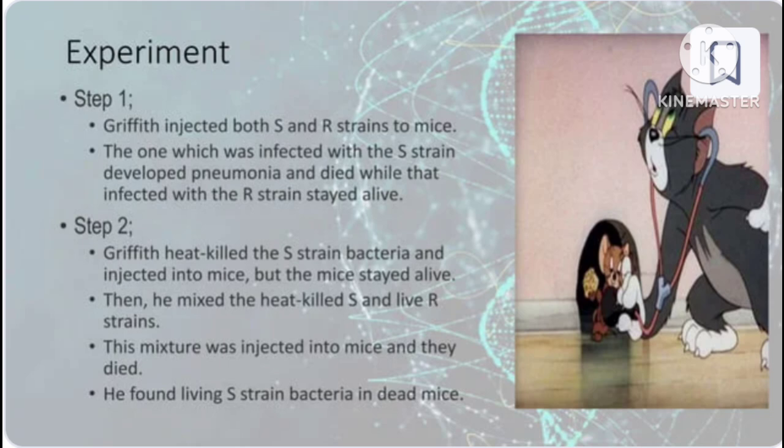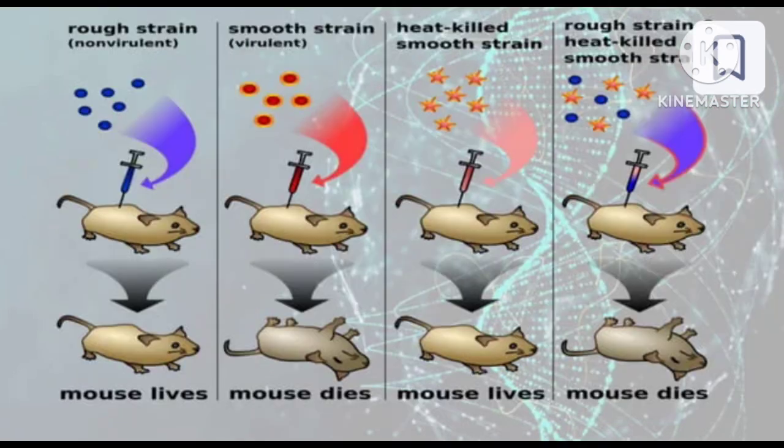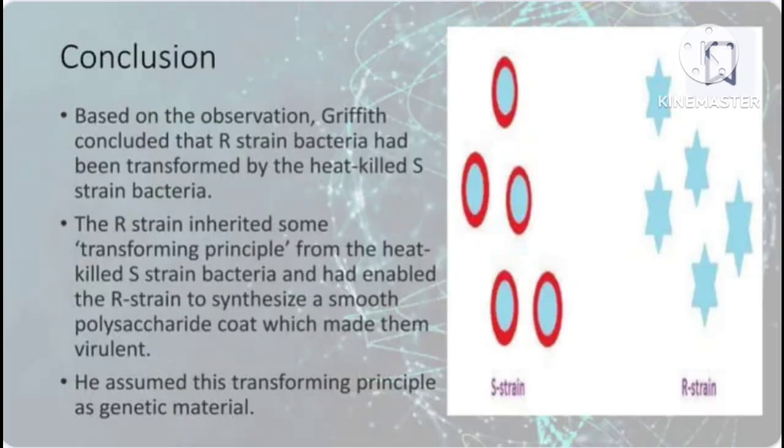Griffith heat-killed the S strain bacteria and injected them into the mice, but the mice stayed alive. Then he mixed the heat-killed S and live R strains. This mixture was injected into mice and they died. He found living S strain bacteria in the dead mice.